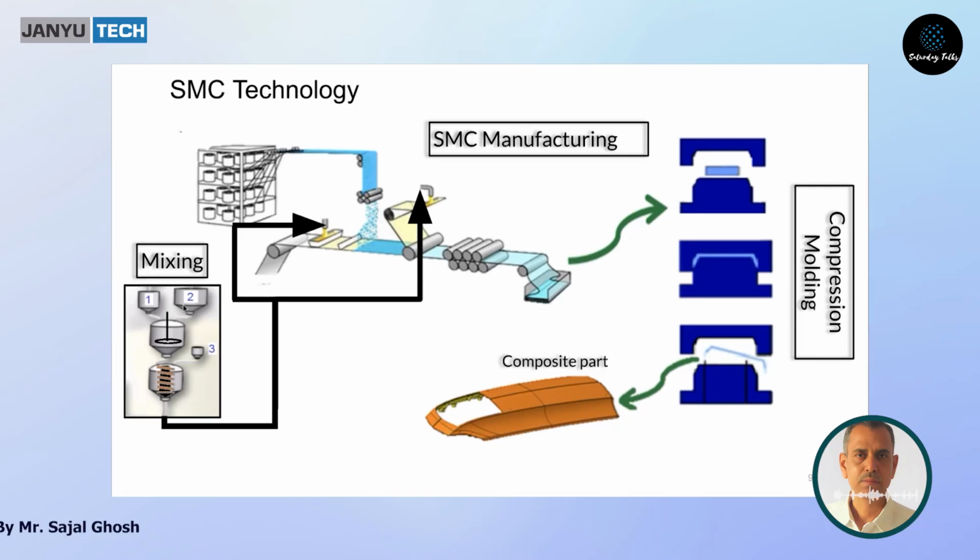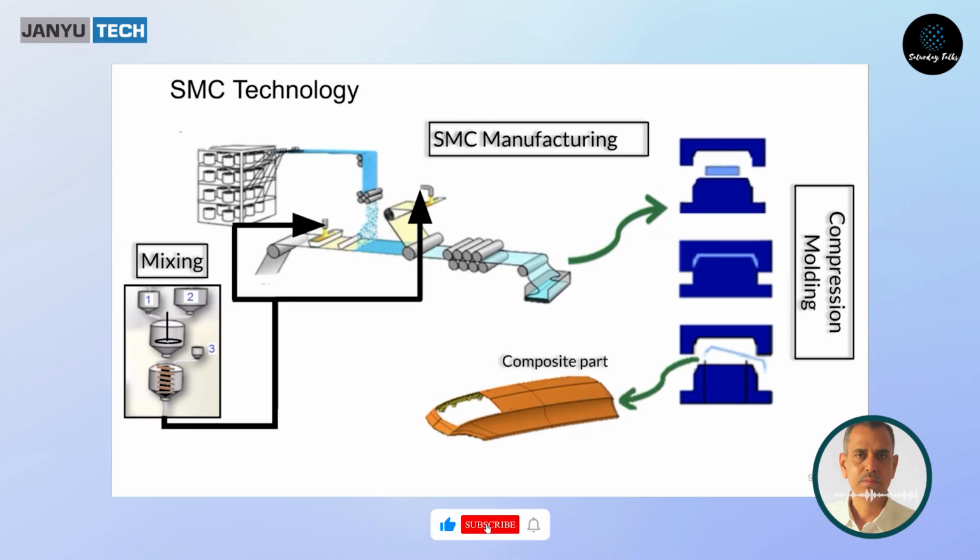Okay, so SMC technology. Here 1, 2, 3, all those things, the mixing area. This SMC is really a formulated and engineered product. Formulated, engineered, tailor-made: these are the three adjectives we can use for this.